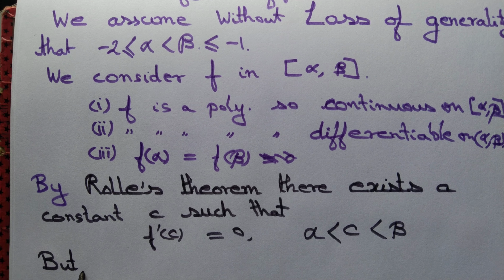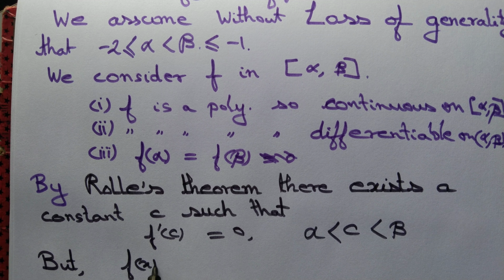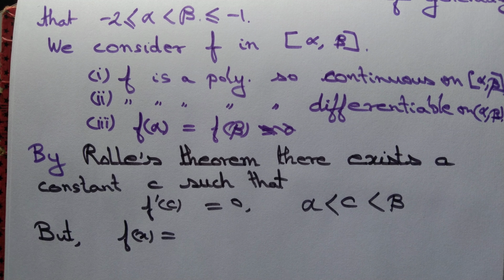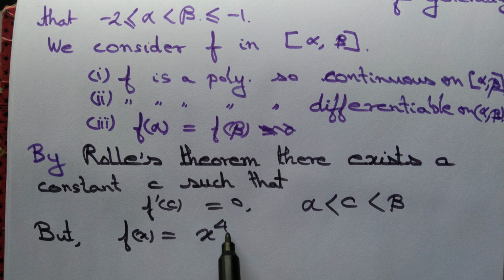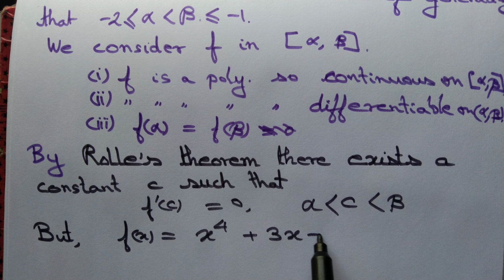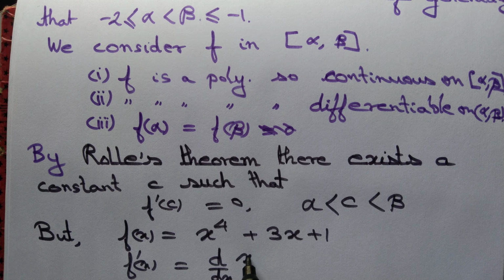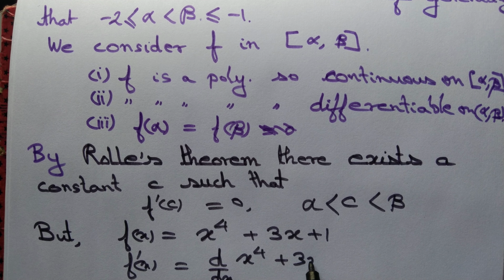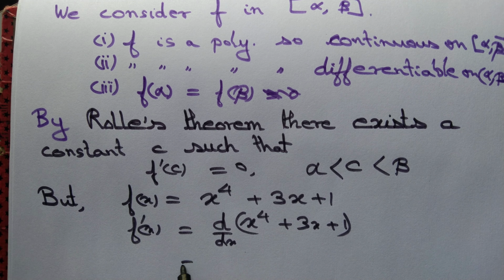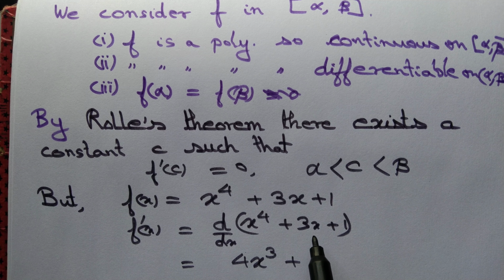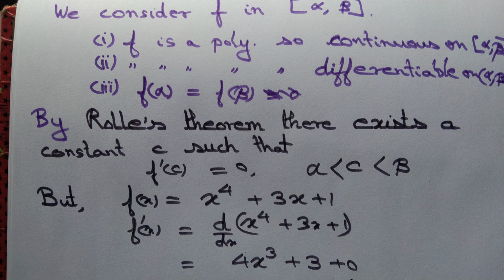But f(x) is a polynomial function, so we can differentiate it: x to the power 4 plus 3x plus 1. So f'(x) equals d/dx of x to the power 4 plus 3x plus 1. If we differentiate x to the power 4, we get 4x cubed. If we differentiate 3x, we get 3, and the derivative of 1 is 0.